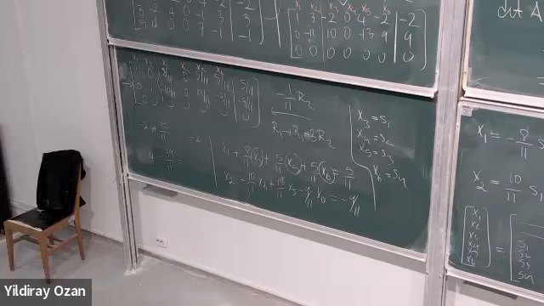So 0, 0, 0. Ha, evet, bir tane bir var. Nerede bir var? Şurada bir var. 0, 0. Evet, özür dilerim. S3.